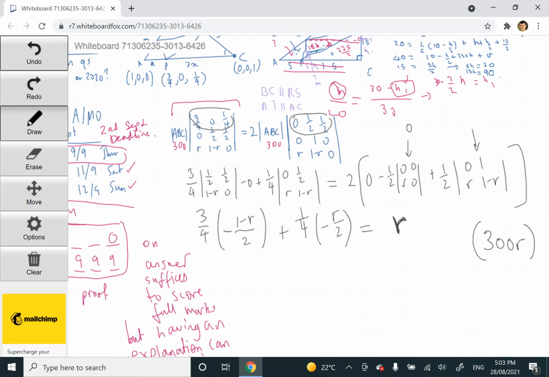And here we can solve for R. Let's just do it.